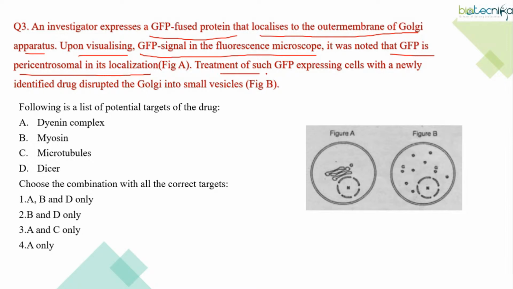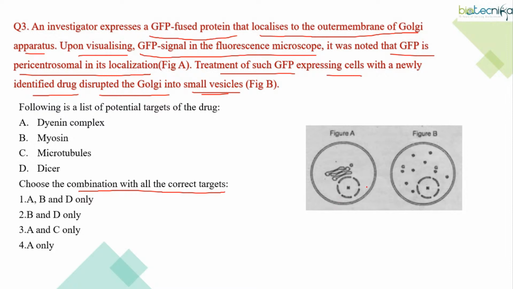Treatment of such GFP expressing cells with a newly identified drug disrupted the Golgi into small vesicles. Here a list of potential targets is given. You have to identify the correct combination of the target.